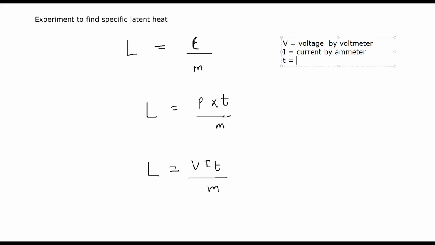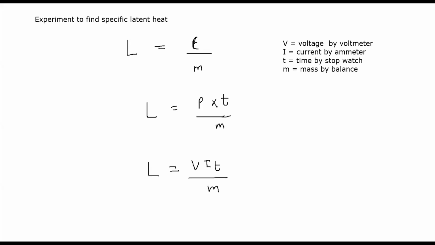T is the time, by stopwatch. And M is the mass, by balance. So these are the things you practically need to measure the specific latent heat of an object.